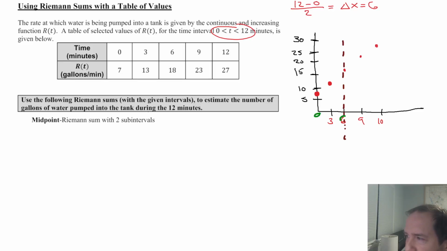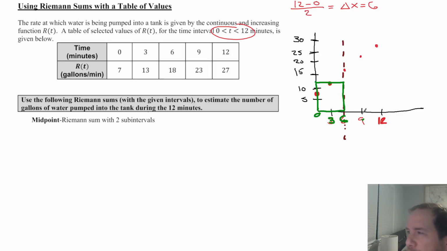And if I'm going from 0 to 6, then for sure the midpoint is at 3. And I can pull that value off my table. It's 13. So if the function value at this point is 13, then I can connect those dots and make this a midpoint rule generated rectangle. And same thing over here. Between 6 and 12, the midpoint is 9.